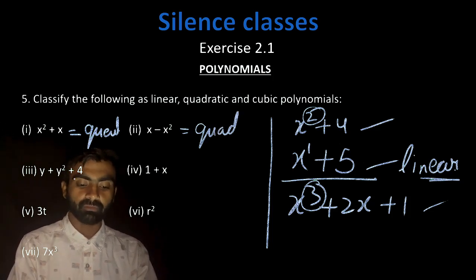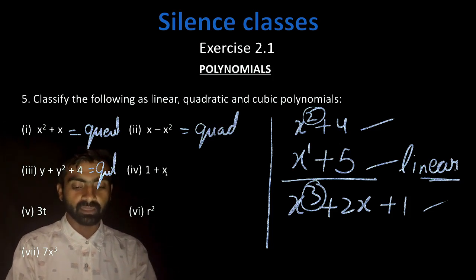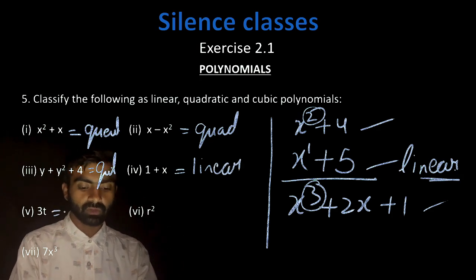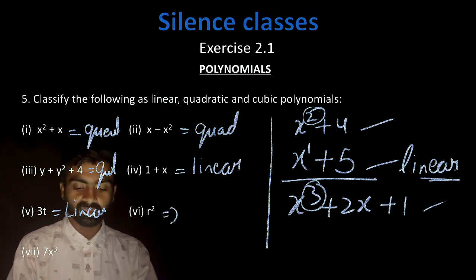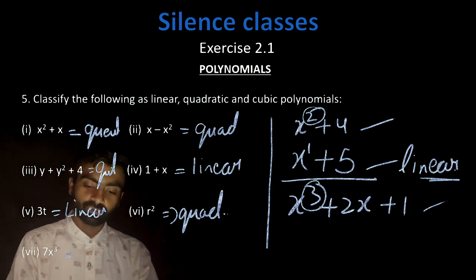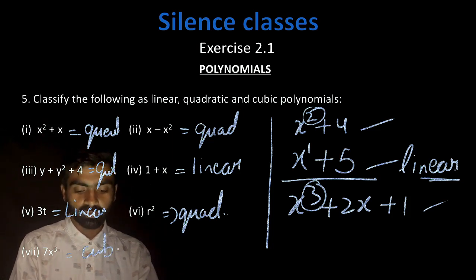Over here also the power is 2, again quadratic. Over here the highest degree is 1, so it is linear. Over here also the degree is 1, so it is linear. Over here the power is 2, so it is a quadratic polynomial, and over here the power is 3, so it is a cubic polynomial.